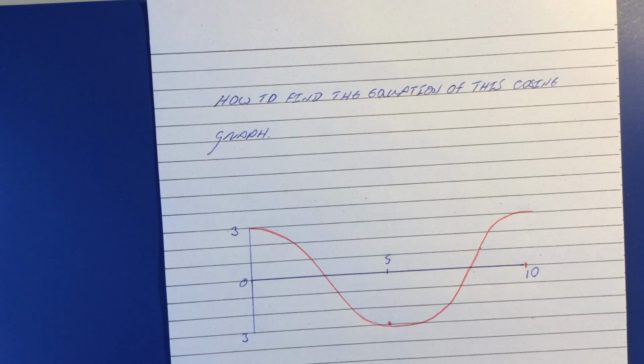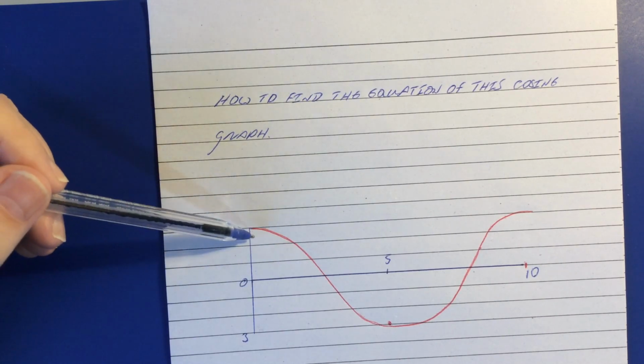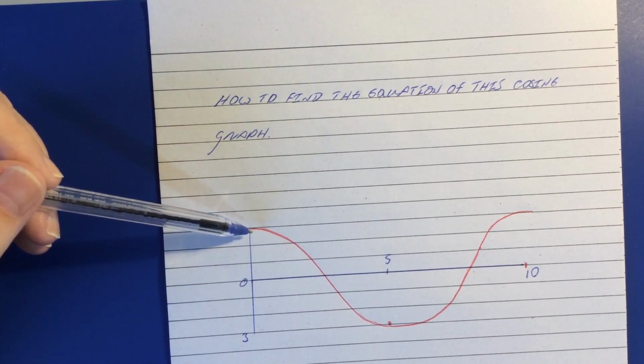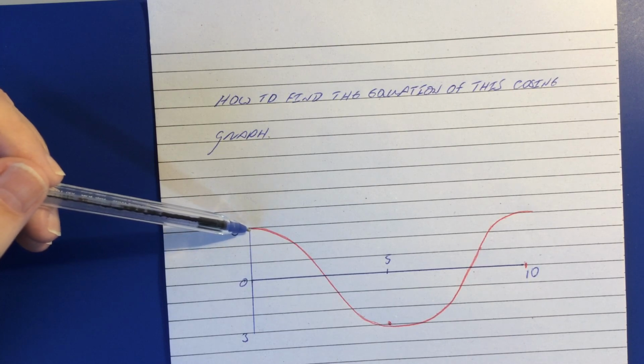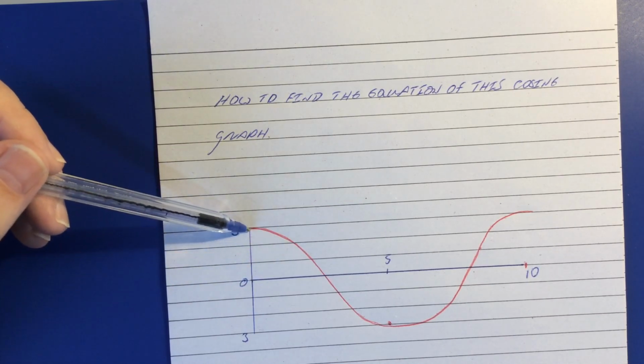And today we're looking at how we find the equation of a cosine graph that looks like this. Now, there's a feature of this graph that's relatively easy to sort out an equation for, and that is the amplitude. So this really looks like a very standard cosine graph, but the amplitude has been increased from 1 to 3.